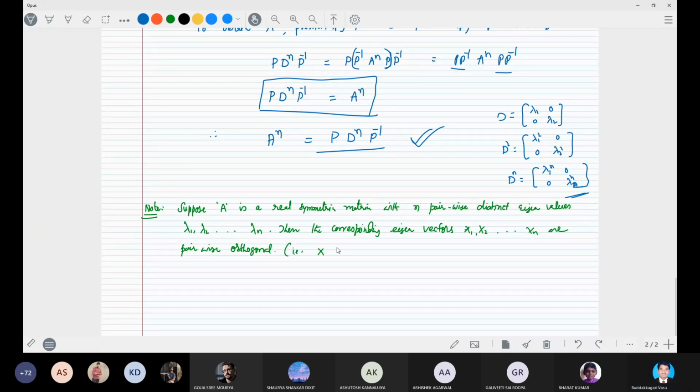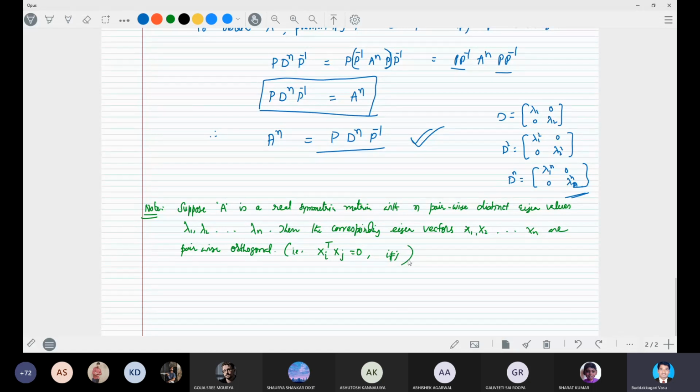Take x1, x2, x3, up to xn. If you take any two, xi transpose into xj is equal to 0, where i is not equal to j.